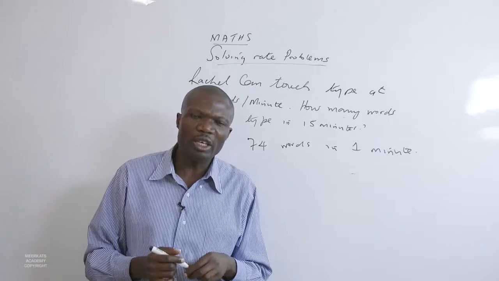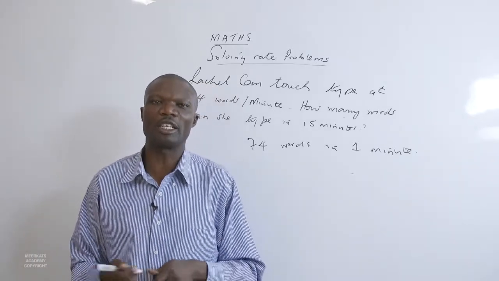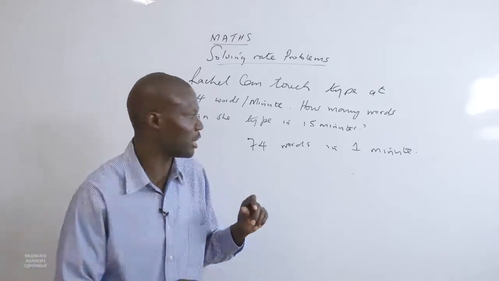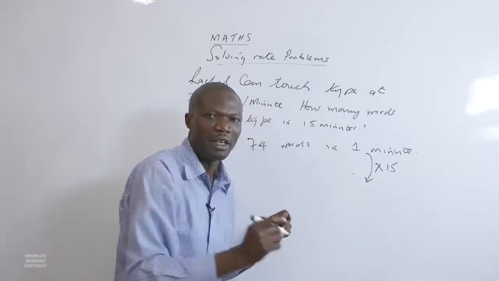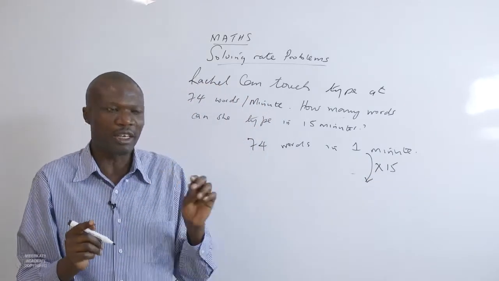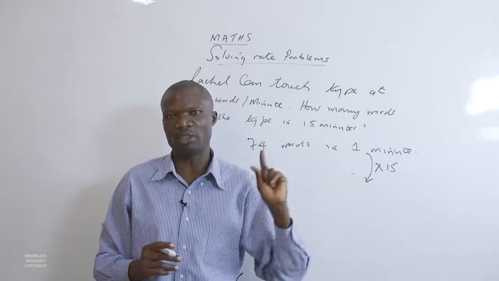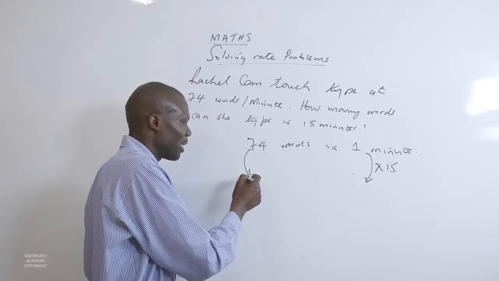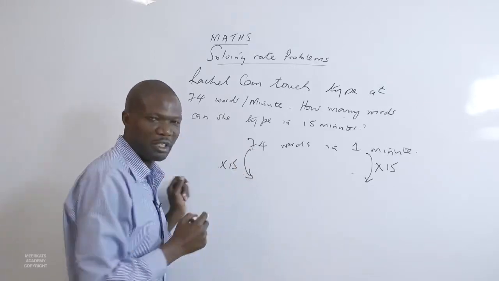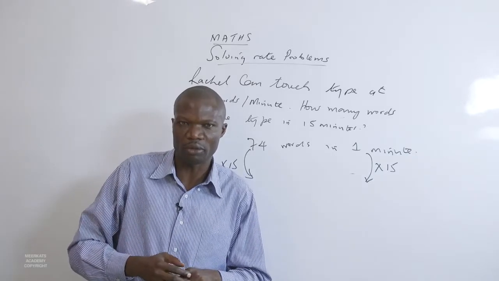So what has happened to the time? It has been multiplied by 15. In solving rate problems, whatever happens to one quantity must happen to the other quantity. Definitely, we need to multiply 74 by 15. That is what solving rate problems is about.